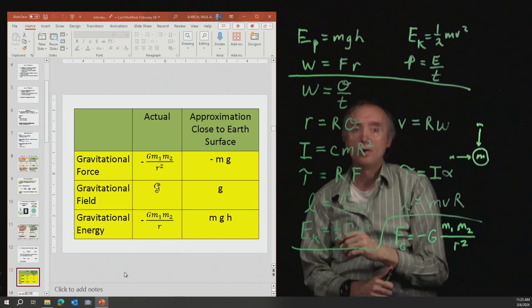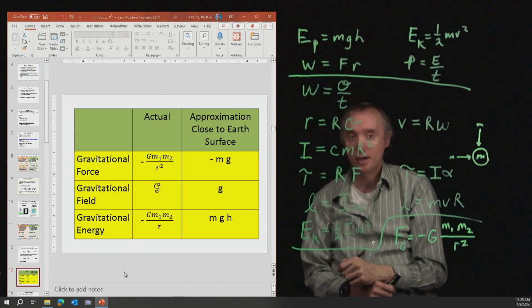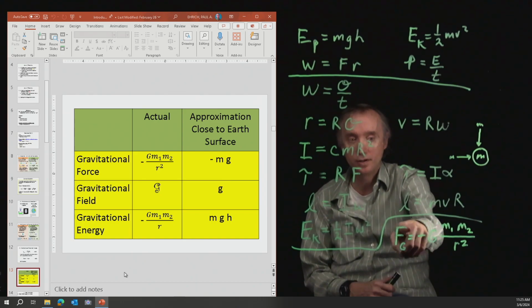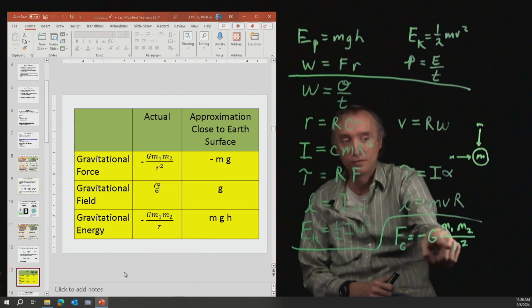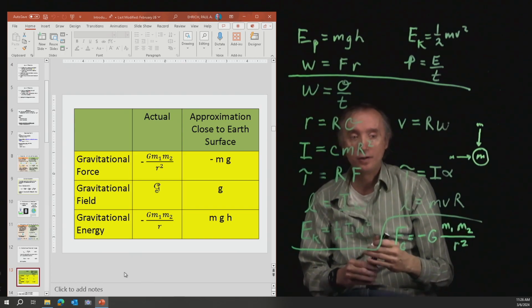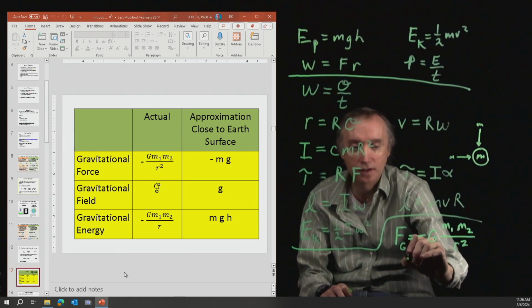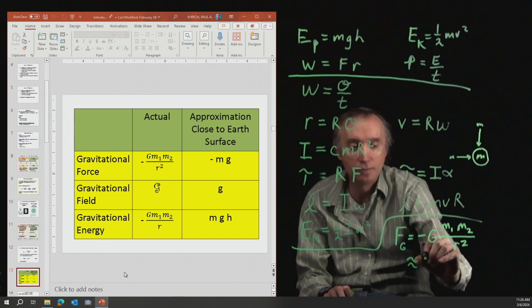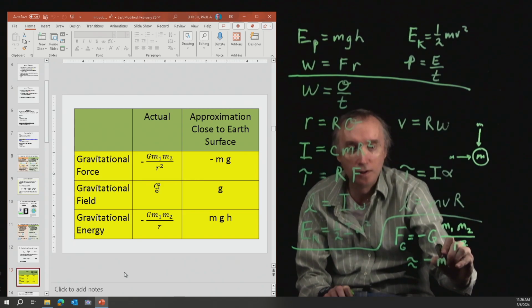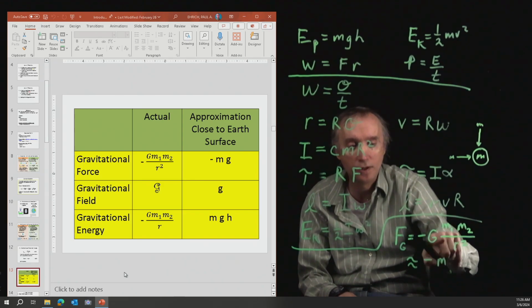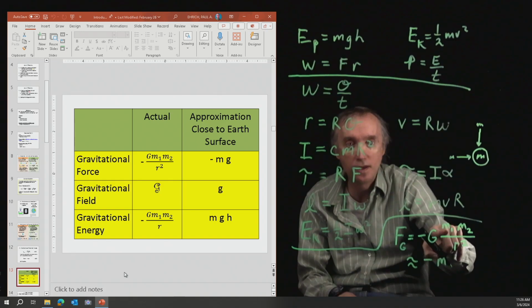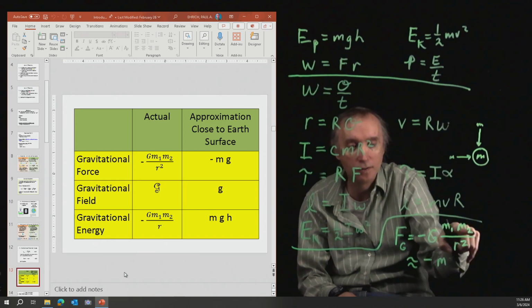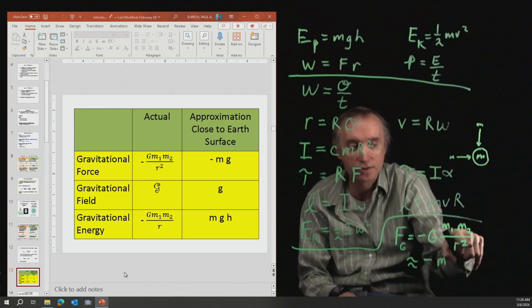And also, the force of gravity can be approximated. So here is the official force of gravity that acts on mass number 1 caused by mass number 2. But we could also approximate this, so approximately it is going to be the same as minus m, and this m here could be mass number 1, but then the g thing is the combination of all of this other stuff.